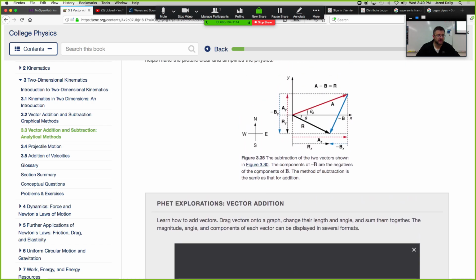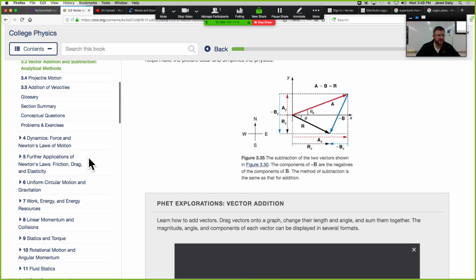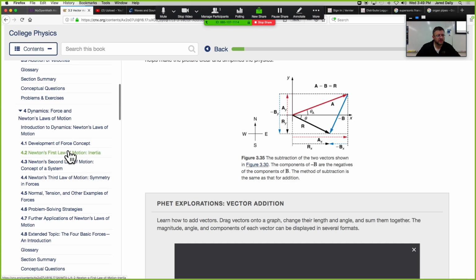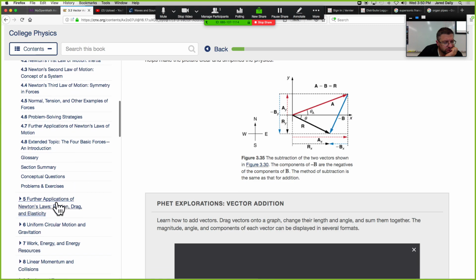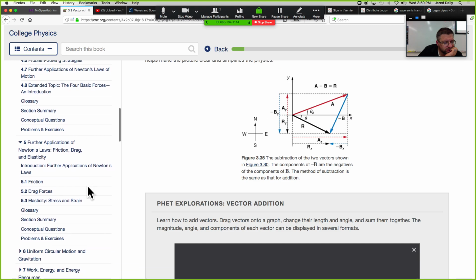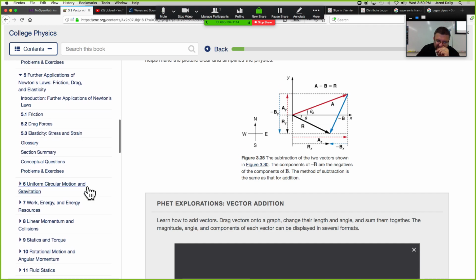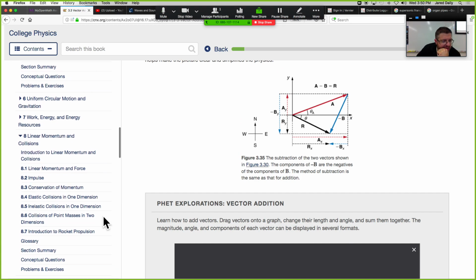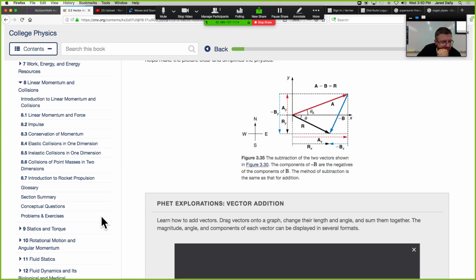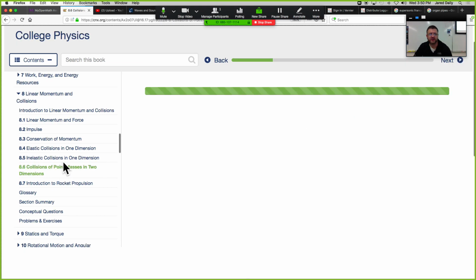No, they don't. Is it two-dimensional dynamics? Oh, no, it's this one. Yes. Momentum. Yeah, that's what it is. That's right. So collisions in two dimensions.